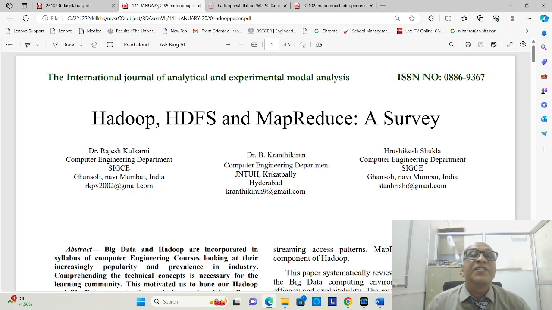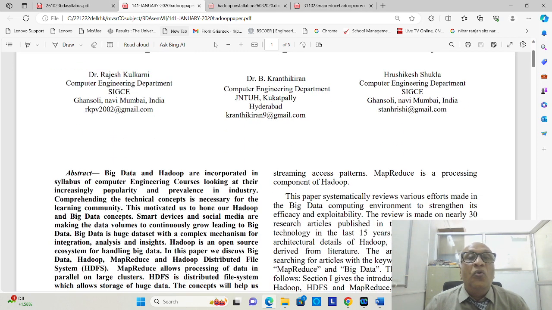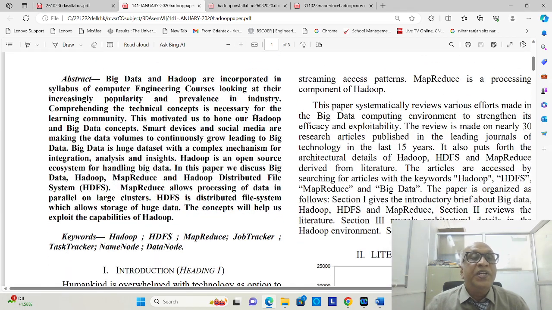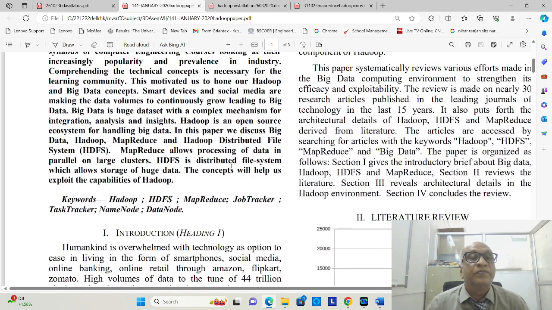Let us start with this very small basic paper which was published. The name is Hadoop HDFS and MapReduce survey. So let us look here at what Hadoop is being spoken of. See here, Hadoop is an open source ecosystem for handling big data. When I'm speaking about Hadoop, naturally I'm speaking about MapReduce, HDFS, Yarn.